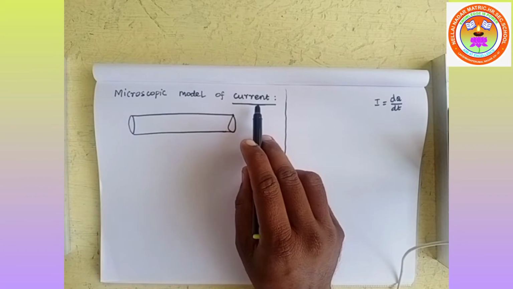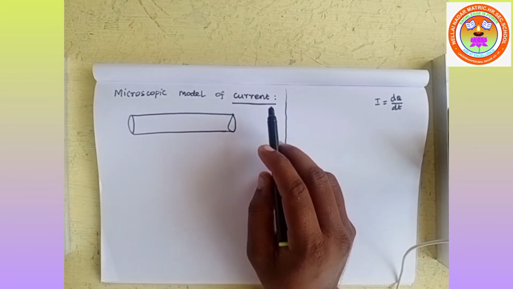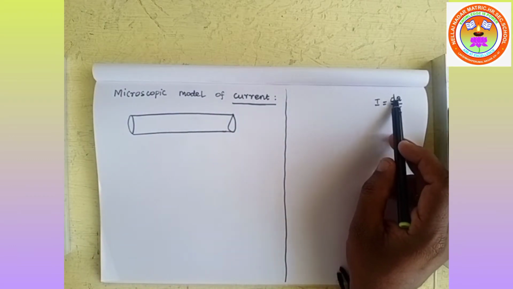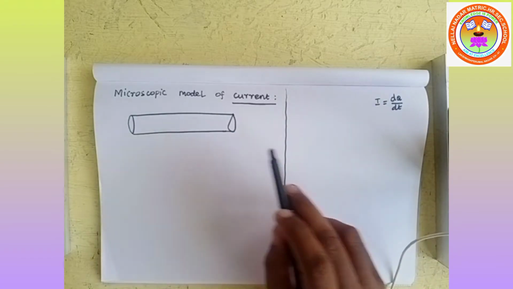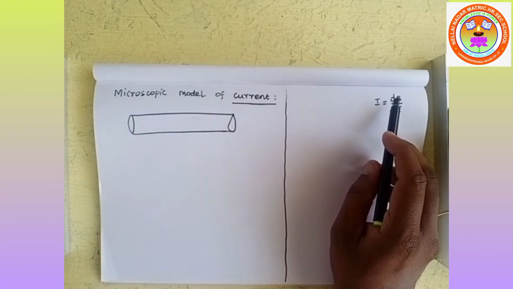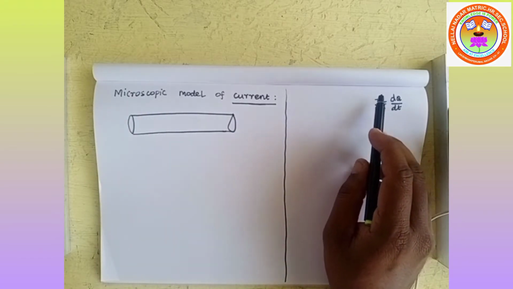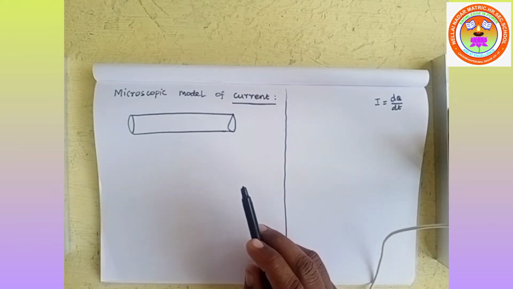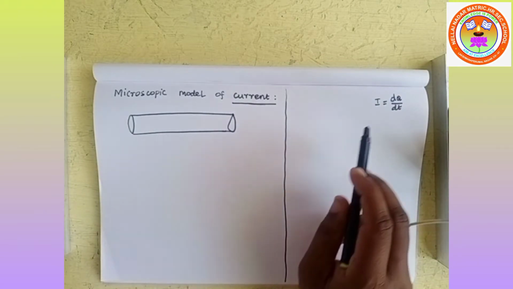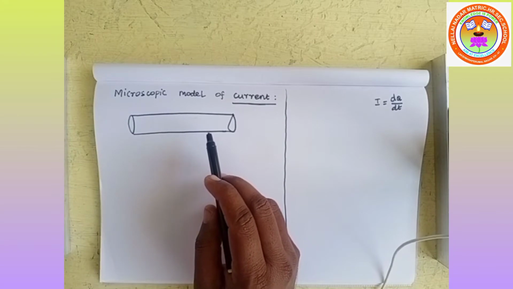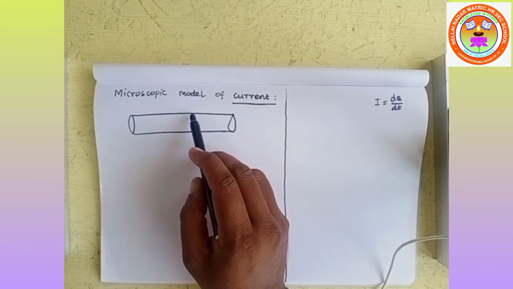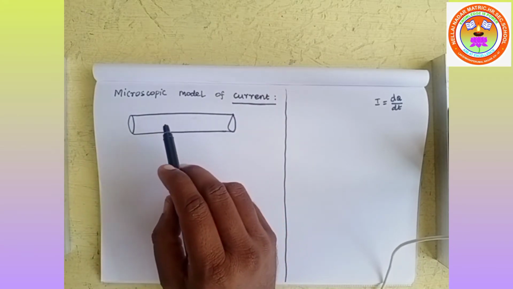To calculate the microscopic model of current, first we calculate the net charge of the conductor. By using the net charge of the conductor, we calculate the value of I. To calculate the net charge, first we need the number of electrons present in a conductor.